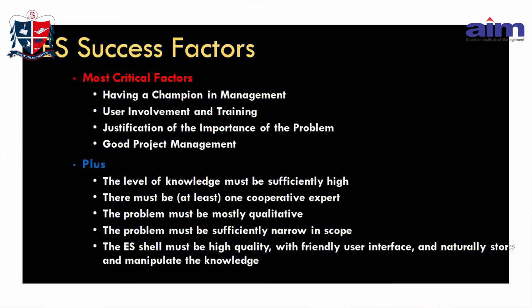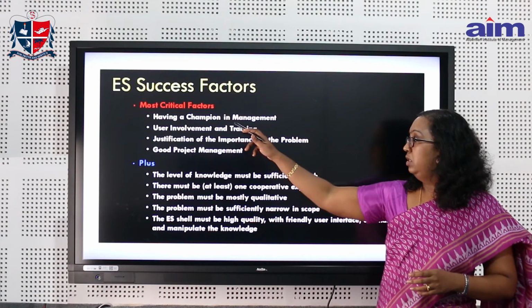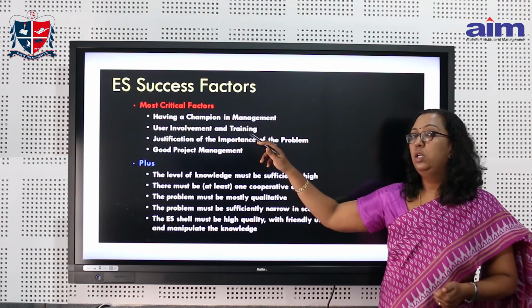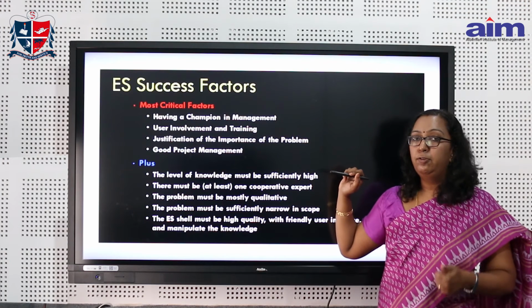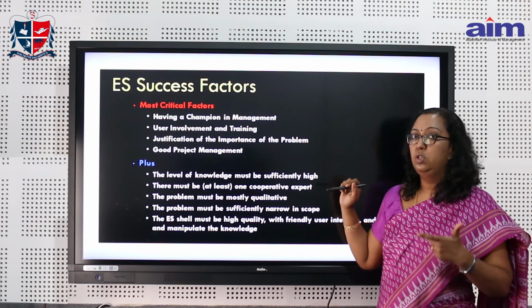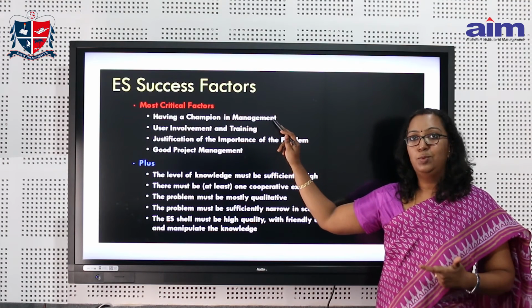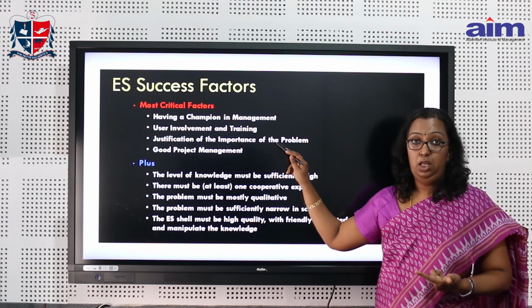Now, what are the success factors which support ES systems? These are some of the critical success factors which will support ES systems. Having a champion in management. If your top management supports the knowledge engineer, then ES systems will work out well. Then user involvement and training.